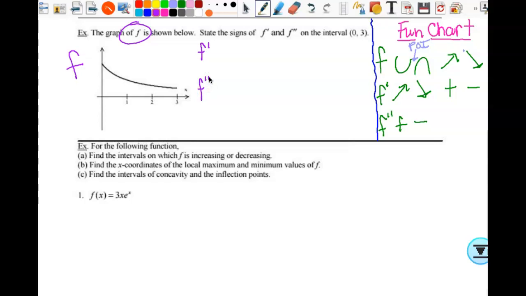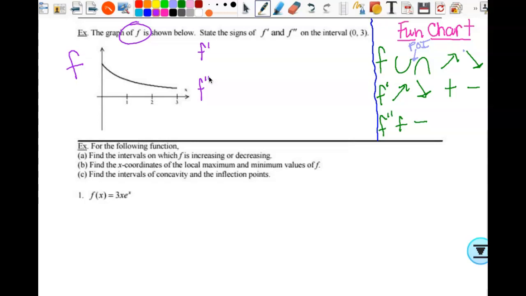So tell me something about f. What can you tell me? Just f itself, not f prime or f double prime. Okay, the function is positive. Is it increasing or decreasing? Decreasing. Is it concave up or concave down? Concave up. Okay, so if it is concave up and it is decreasing, is f prime positive or negative?